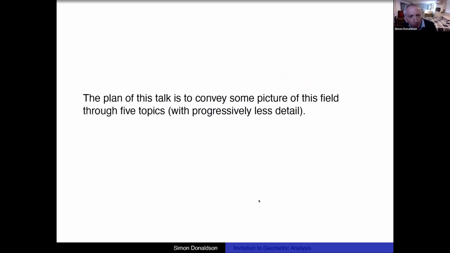The plan of this talk is that I'll try to convey some kind of picture of this subject through discussing 5 topics, and this will be with progressively less detail.